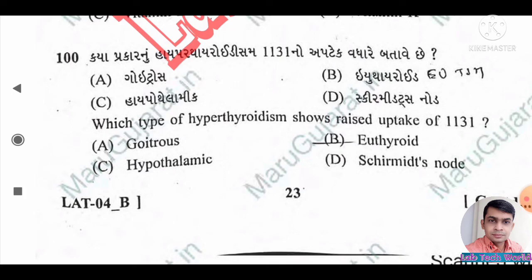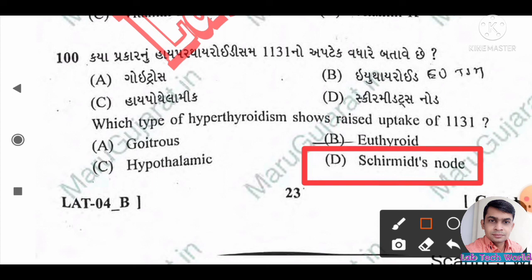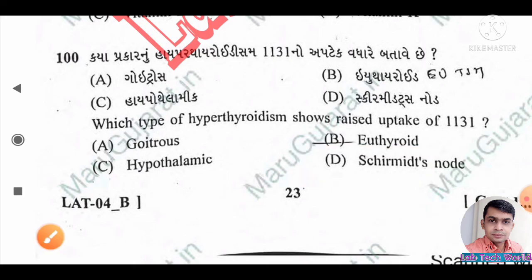And the correct answer for this question is option number D, Schimid's node, a type of hyperthyroidism that shows raised uptake of I-131. So option number D is the correct answer for this question.